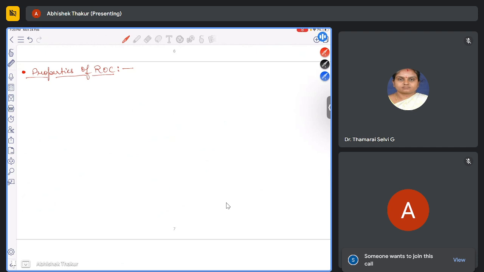The ROC of the Z transform X(z) consists of a ring in the Z plane centered about the origin.